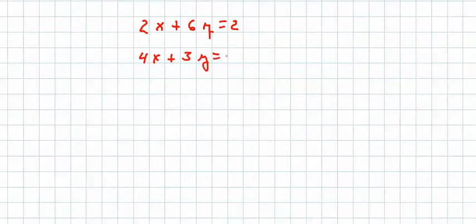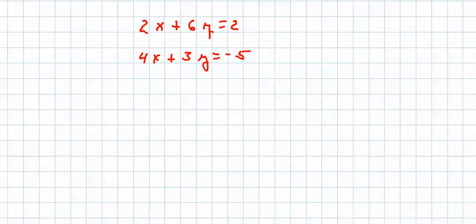We have another situation that we're going to look at. It's a little bit more complicated, but not much more. We have 2x plus 6y equals 2, and 4x plus 3y equals negative 5.